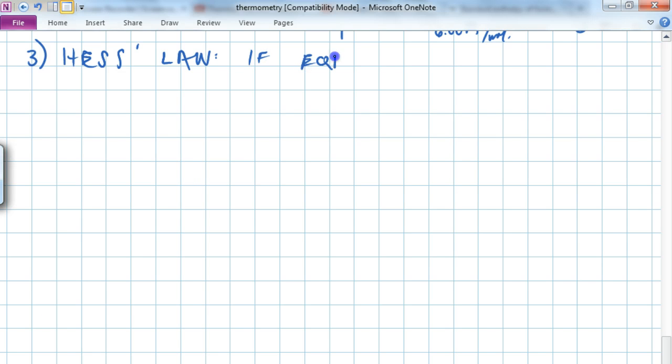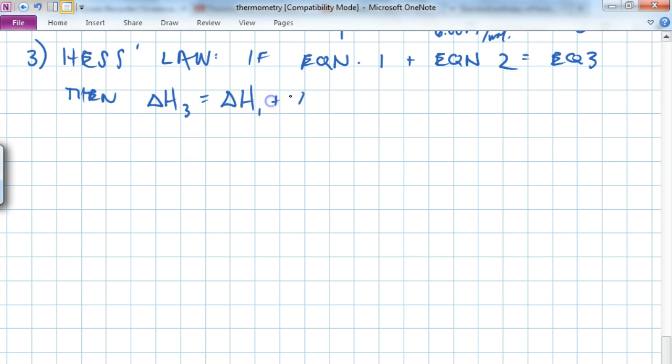If chemical equation 1 plus chemical equation 2 is equal to chemical equation 3, then delta H for equation 3 is going to be equal to the sum of the delta H's for equations 1 and 2.